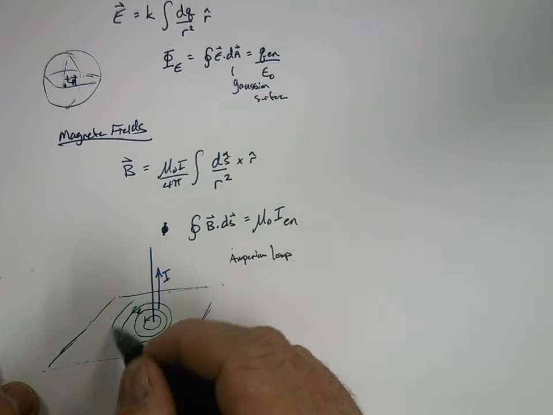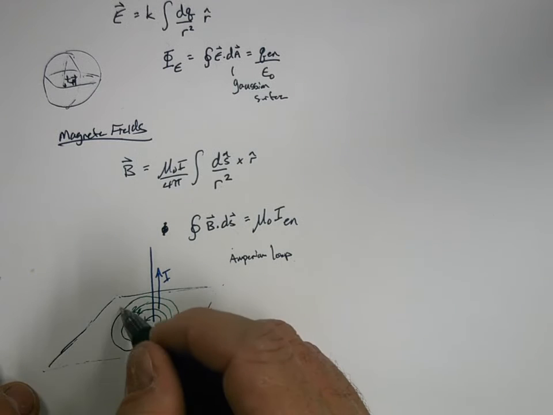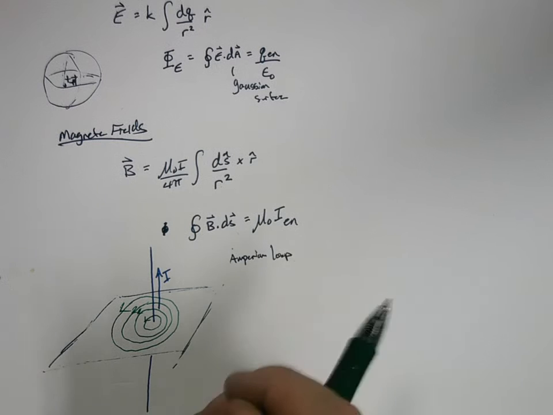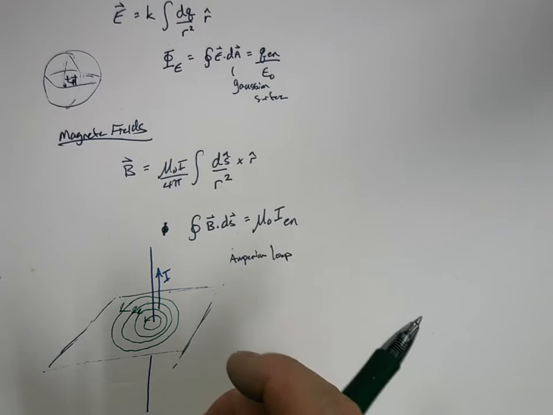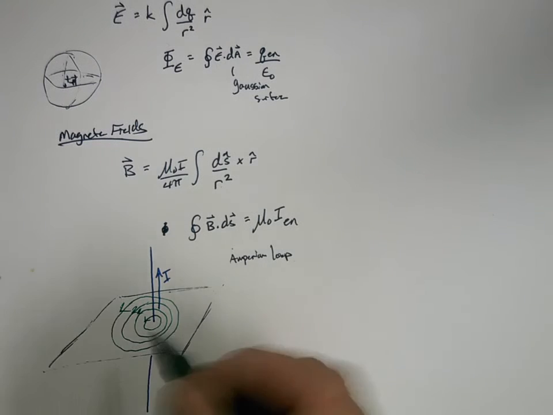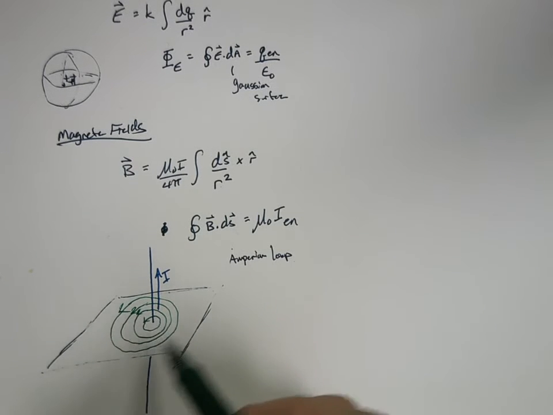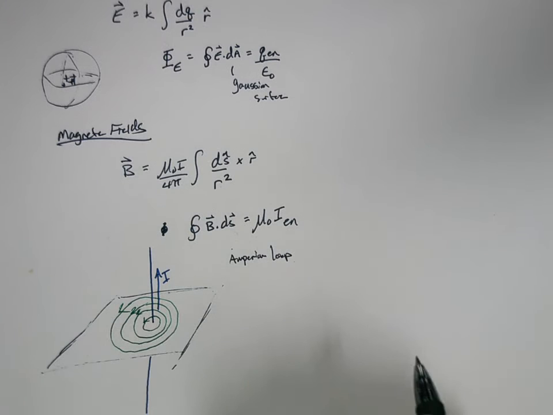These are supposed to be equally spaced. I didn't draw that so well, but they are supposed to be equally spaced, with a counterclockwise rotation around the current, as we have it drawn here. You guys are cool with the right hand rule, yeah? All right.